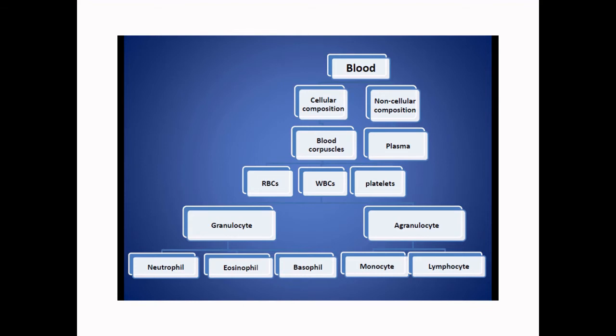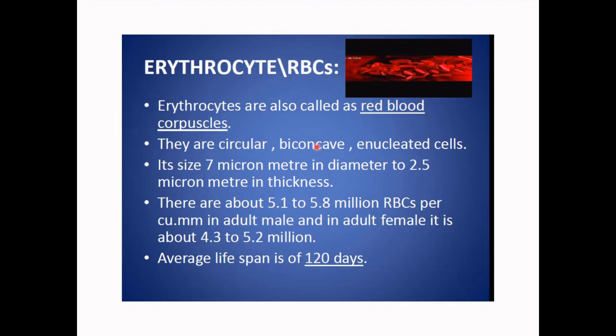Now the first one is erythrocytes, also termed RBCs, that is red blood corpuscles. Erythrocytes are circular, biconcave and enucleated cells.